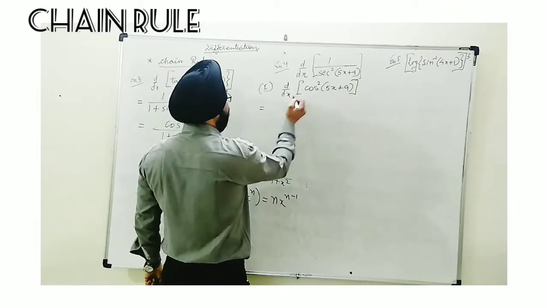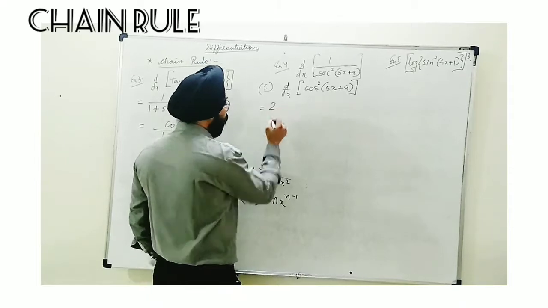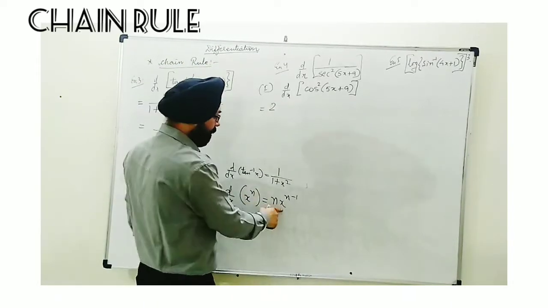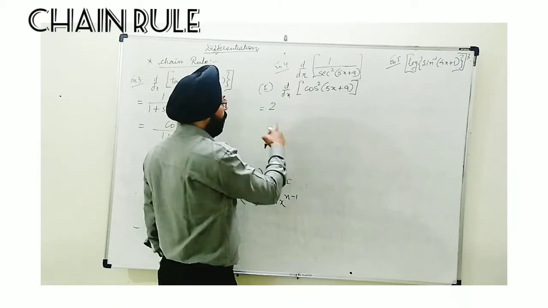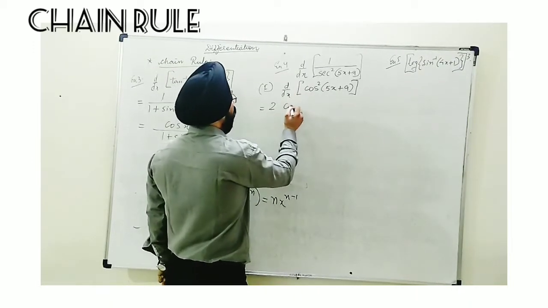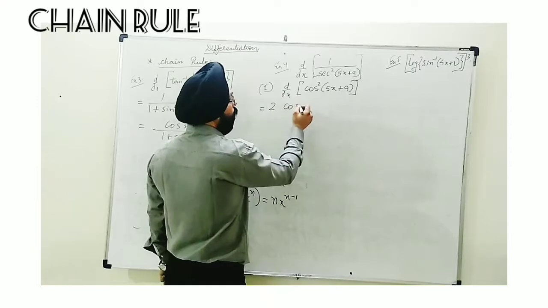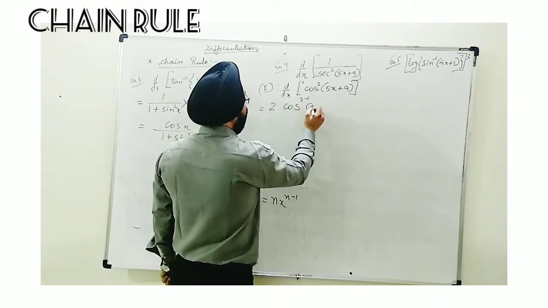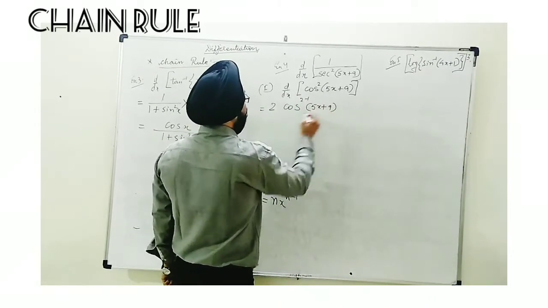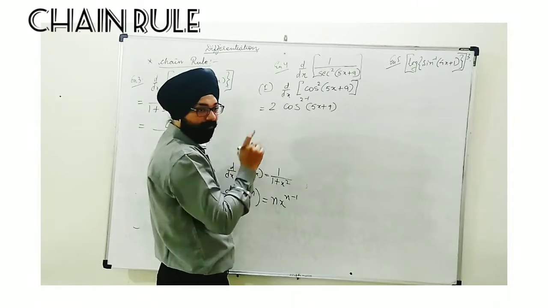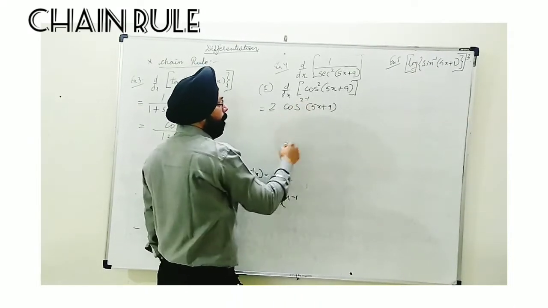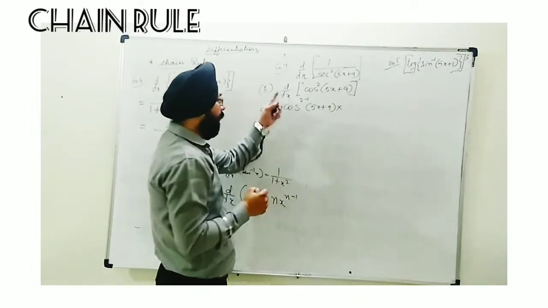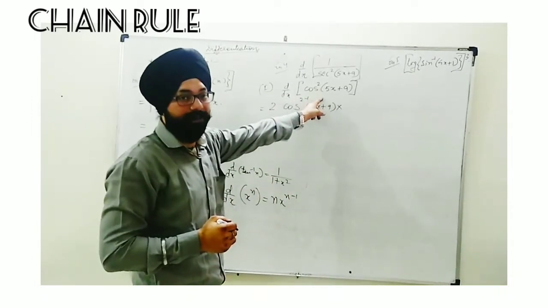I will write here d by dx of this, 2 will come forward. X means the same base. Power is of cos, so base is cos. So 2 into cos to the power 2 minus 1, 5x plus 9 as it is. Try to understand. So this 2 minus 1 will turn into 1 only. Multiplied by, now comes the term of cos itself.